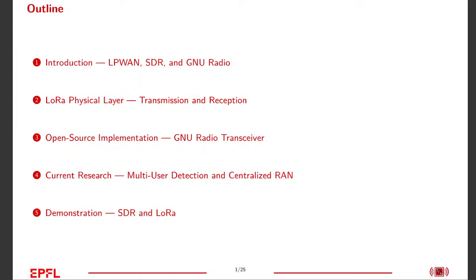Then a few words about our open source implementation on GnuRadio, available on GitHub. And finally, some description of the work we did in the past in the lab and what we are targeting now in the current research.